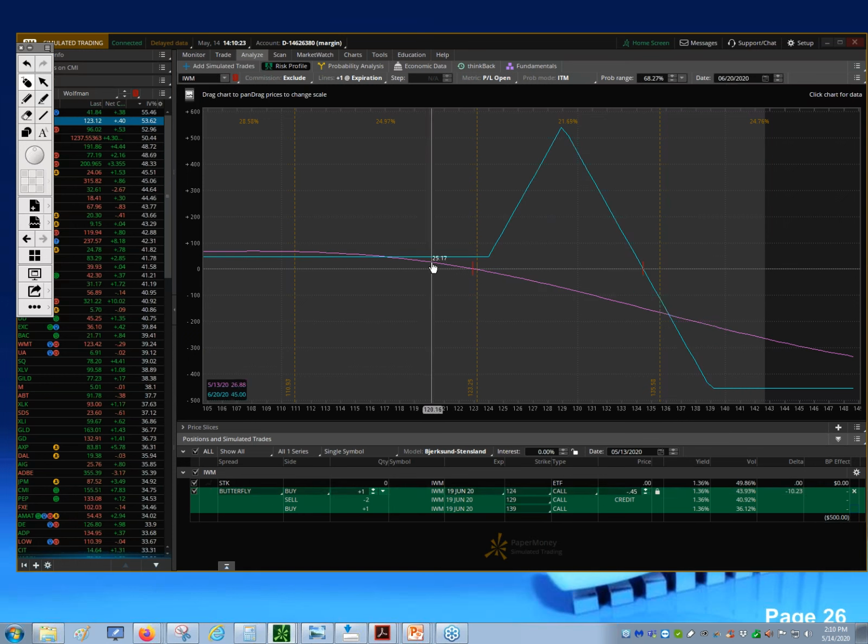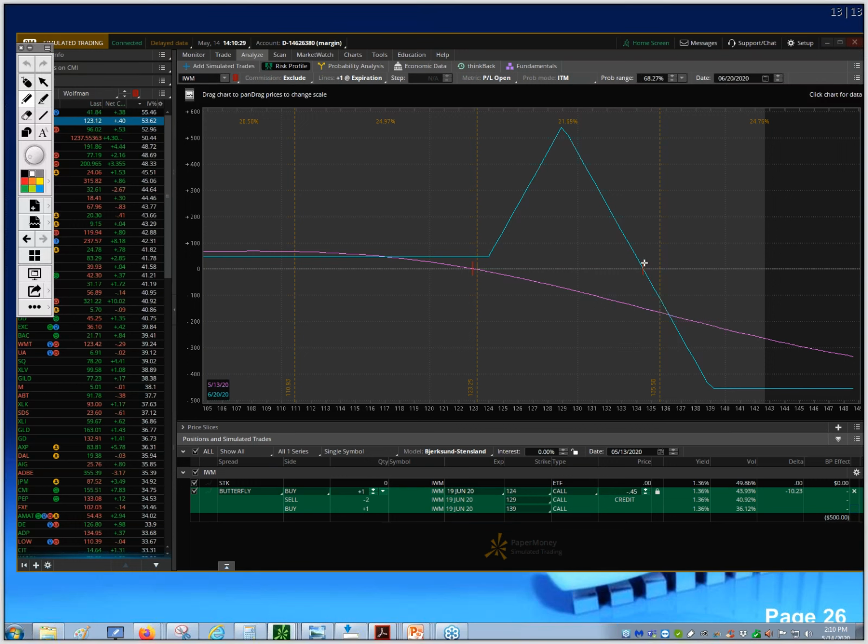That's that difference here. So my short call spread, that embedded short call spread that I talked about, right? This call spread here pays for my risk there.